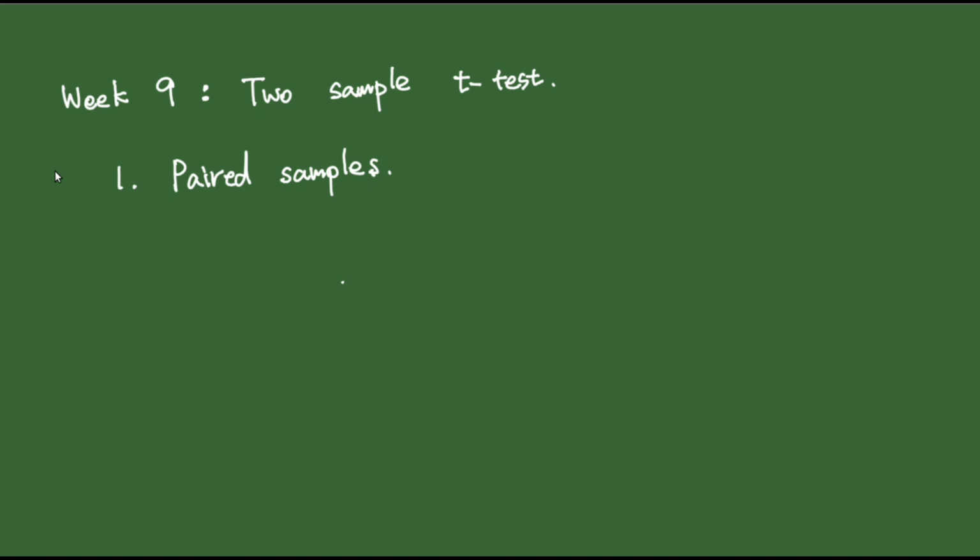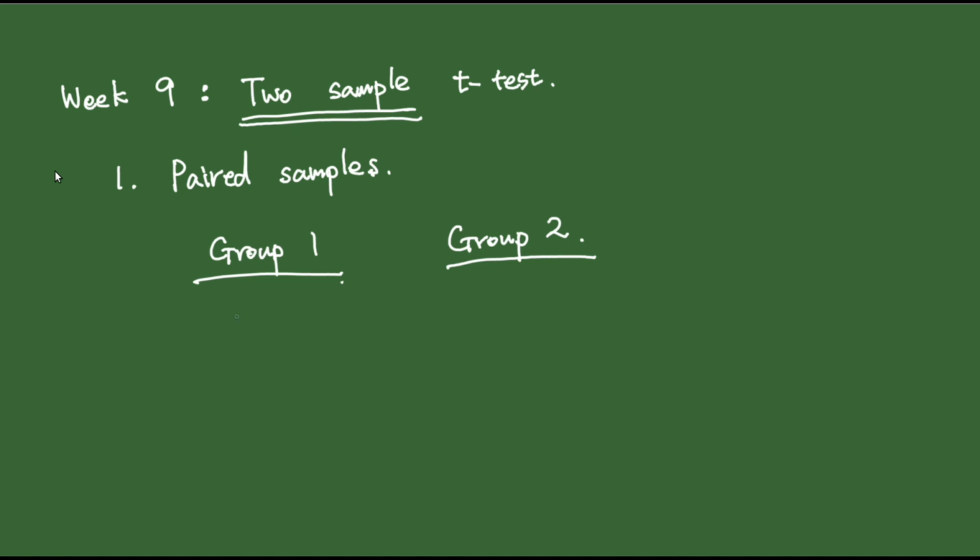First, I want to talk about what paired sample means. Since we have two samples, it means that we have two groups of data. So let's say we have group 1 and group 2. Since we have two samples, one sample consists of multiple numbers. So let me write some random numbers. We have 150, 145, and maybe 170.